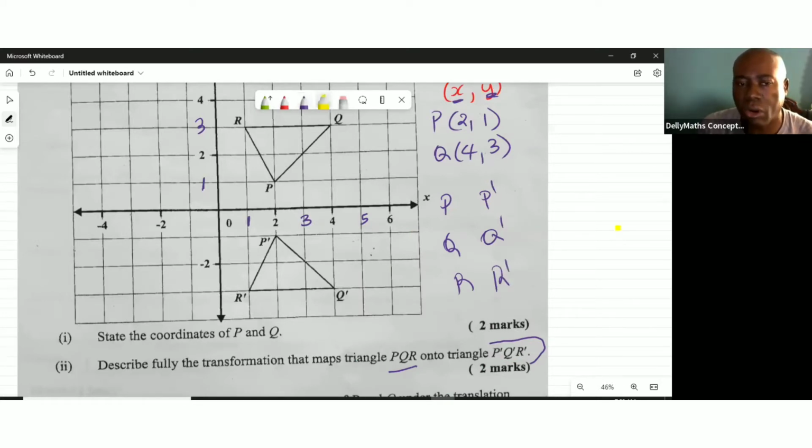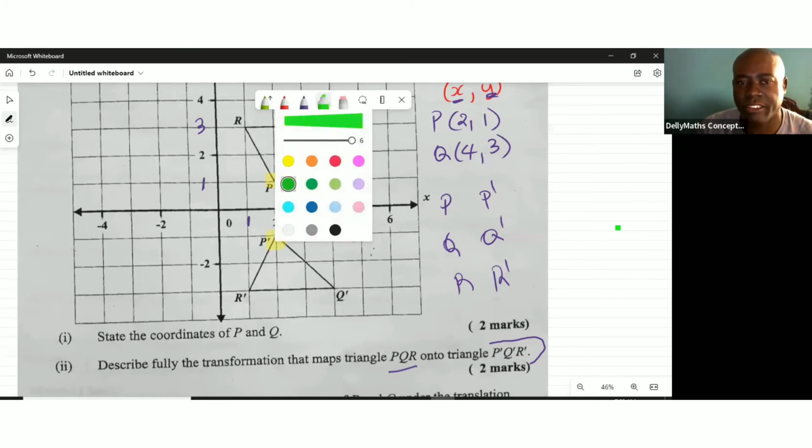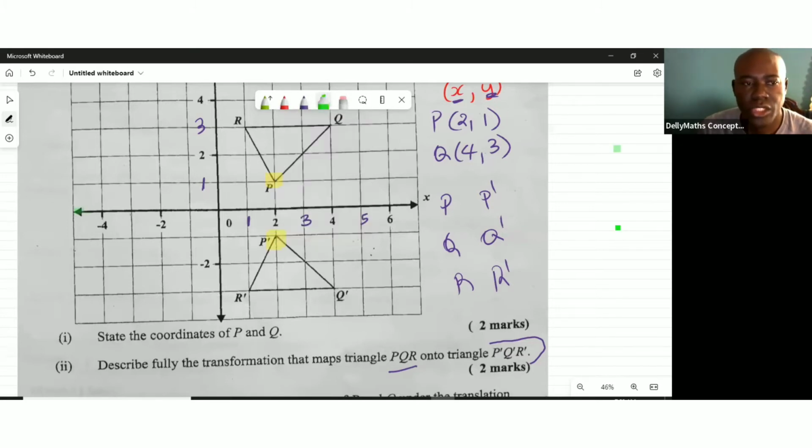When you look closely at P and P prime, you do realize that if we focus on this line that I'm going to put in green here, this line is equal in distance from the 2 points, which is suggesting that this is the mirror that we're looking at.